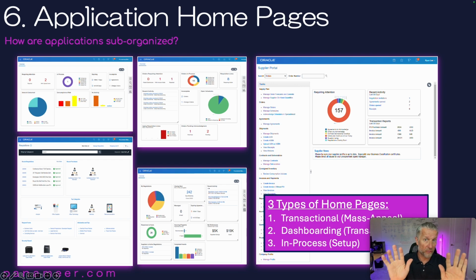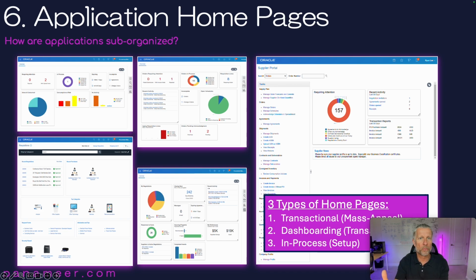Transactions, and then the stuff you need to make transactions, config values. There is a difference in config values home pages, which are a little bit more bland, like suppliers, etc. They're probably more geared towards telling you what data is expiring or needs to be completed. Then you see these nice feature-rich dashboards when you're talking about transactions because they have dollars, they have statuses, they have requires attention. The last one is something like the requisition page or supplier portal, and those are what we call self-service pages.